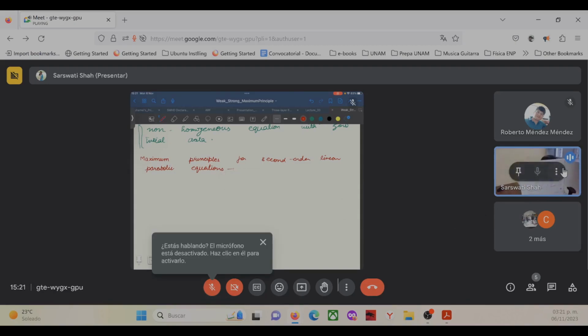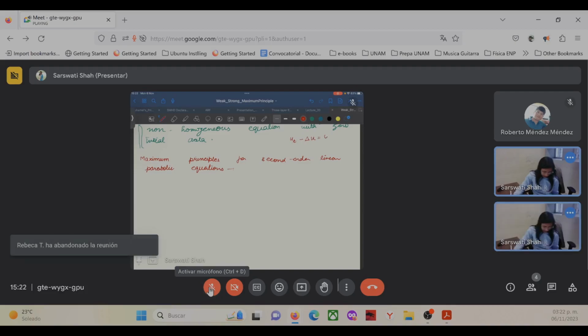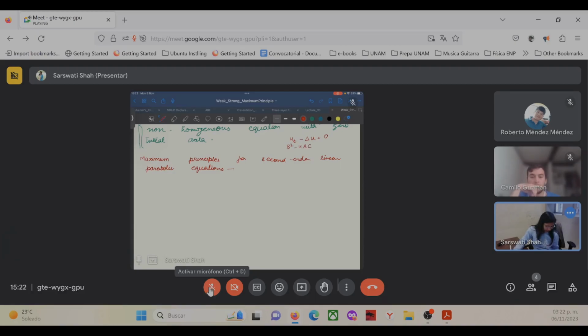This is your notes. I was just looking for the notes because you cannot say that you don't know. So this is the heat equation and B squared minus 4AC.